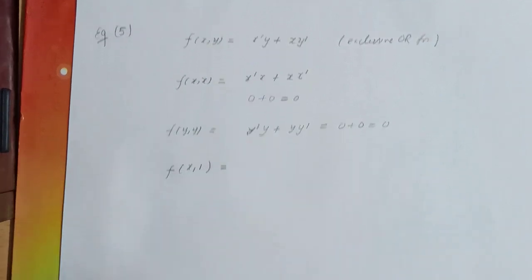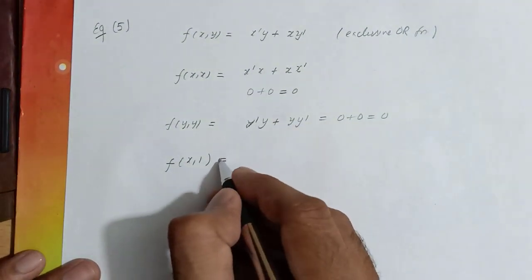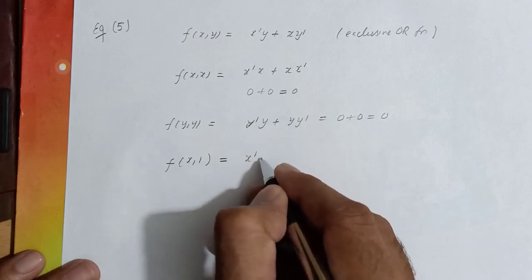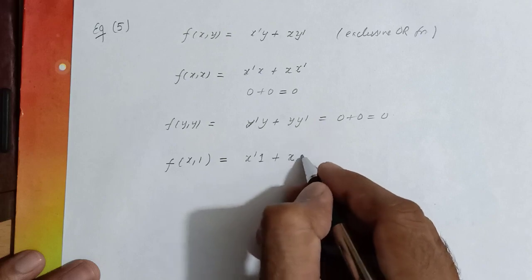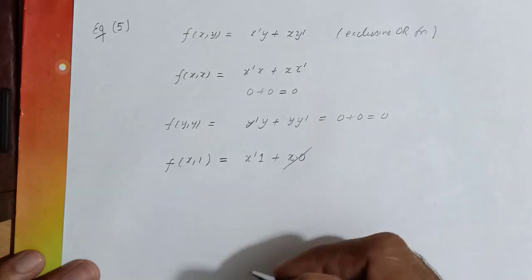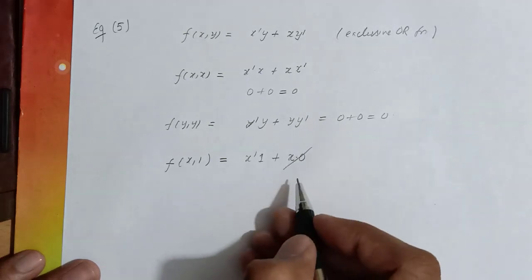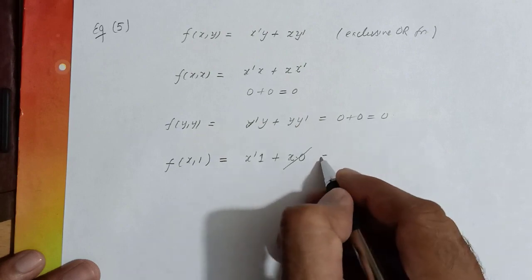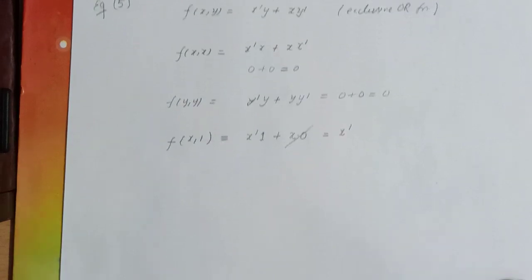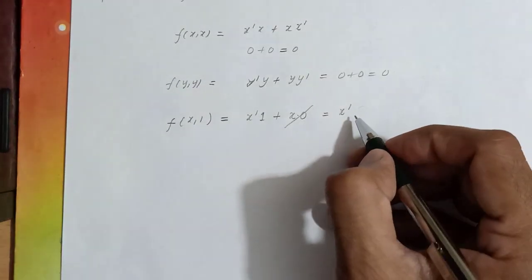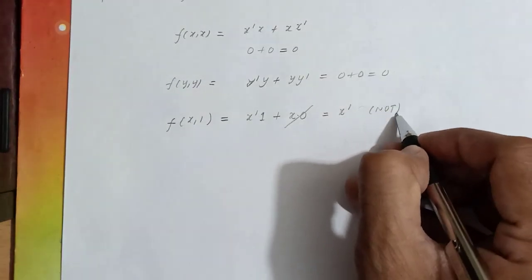Here we are making y as 1, so we get x'1 plus x0, and x0 will be 0. So clearly we are able to get x'. So with the help of 0 and 1 we are able to realize the NOT operation.